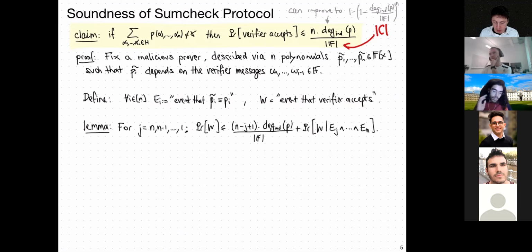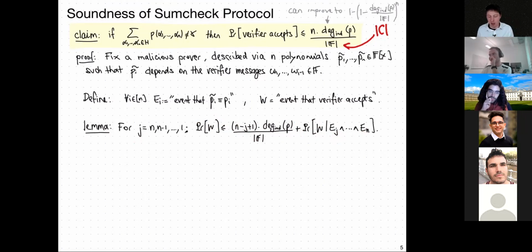So we're going to prove a lemma, which will be in the next slide. This is a general expression: for any j, the probability that the verifier accepts, or that the prover wins, is bounded from above by (n minus j plus 1) times the individual degree over the field size, plus this expression, which is the probability that the prover wins given that it sent the correct polynomial from round j onwards.